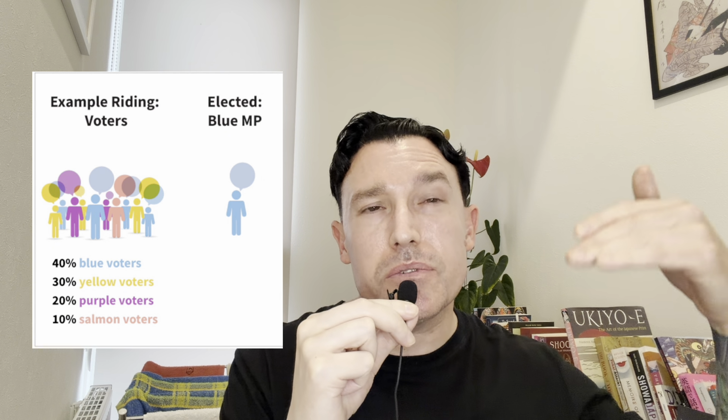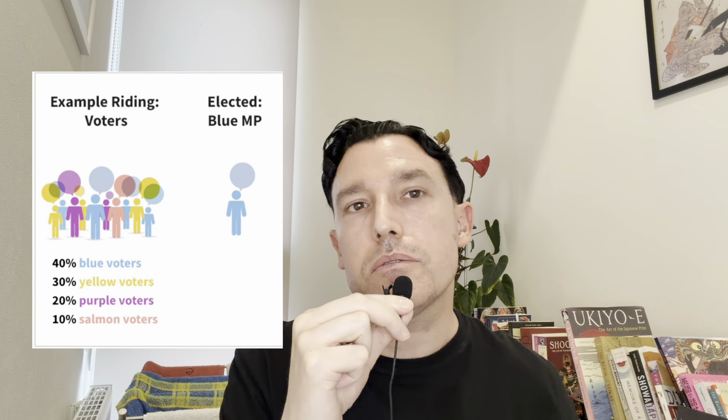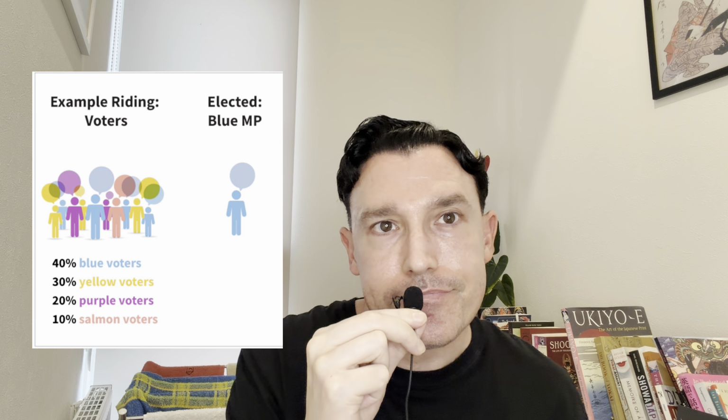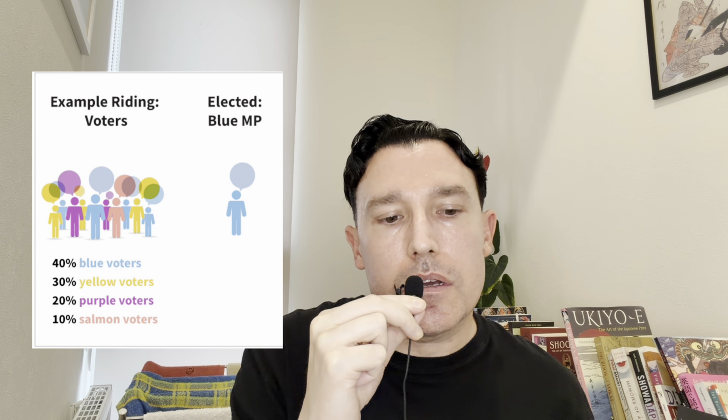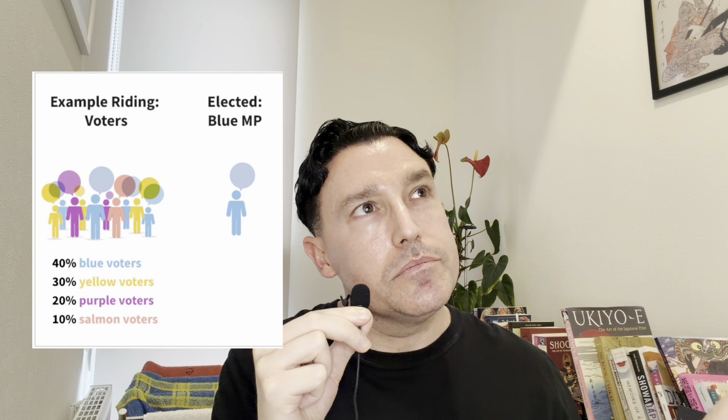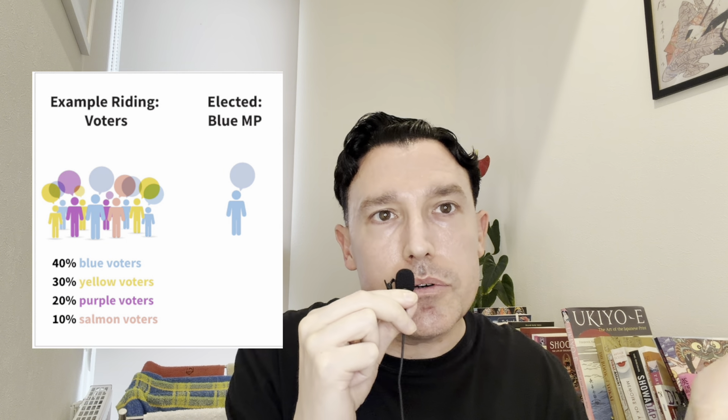Also, there's no runoff. So unlike France and America, where you have to get 50% plus one, in England, even if you get 25%, if you got the most votes, you win. So there are no big barriers to new parties gaining power quickly in the UK.